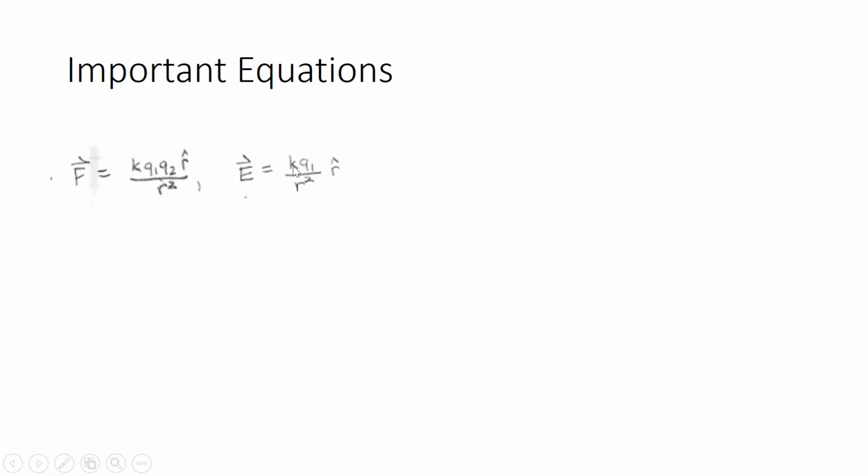It's the same Coulomb's constant times the source of the electric field over the distance from the charge squared times the unit vector to the point where you're trying to find the electric field.